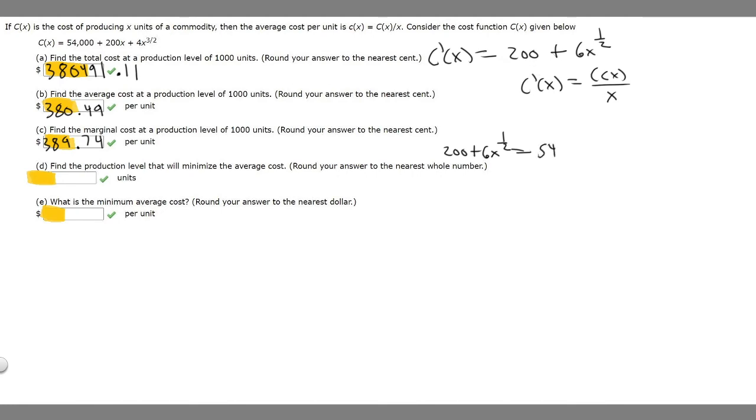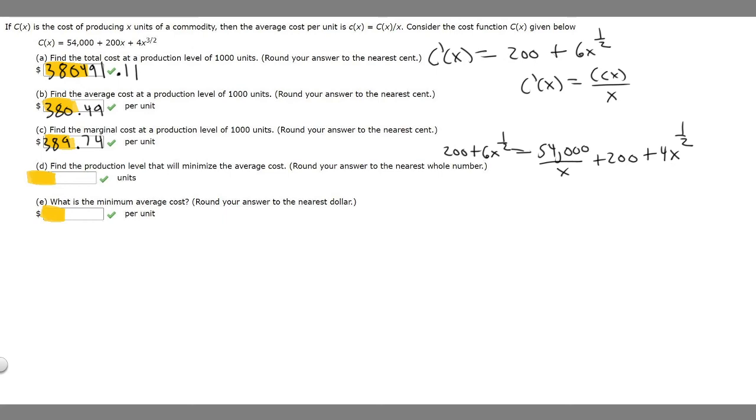So 54,000 plus 200x plus 4x to the 3 over 2. Then we're dividing by x, so this is just going to become 54,000 over x plus 200 plus 4x to the 1 half.